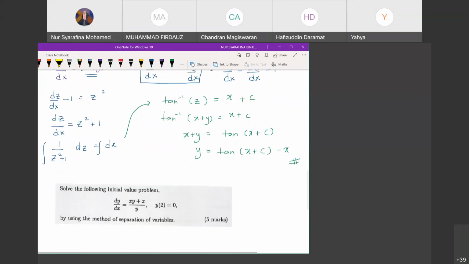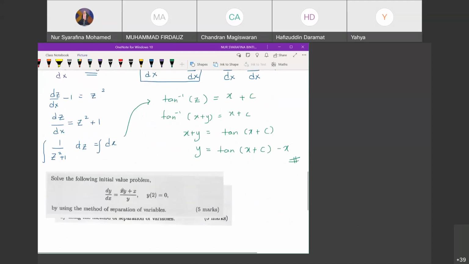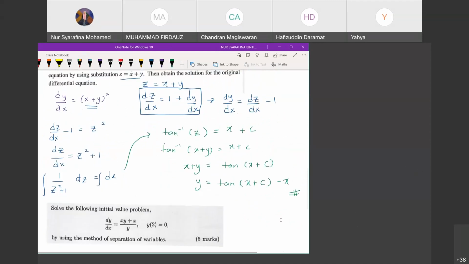Solve the following initial value problem by using the method of separation of variables. Try it. I give you around 3 minutes.